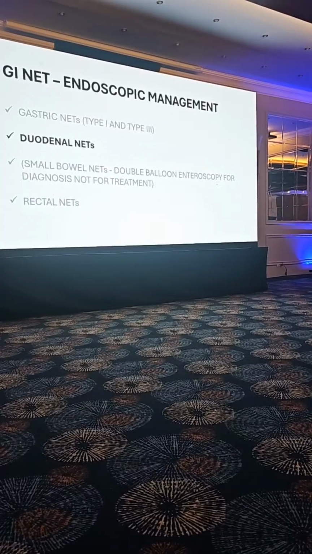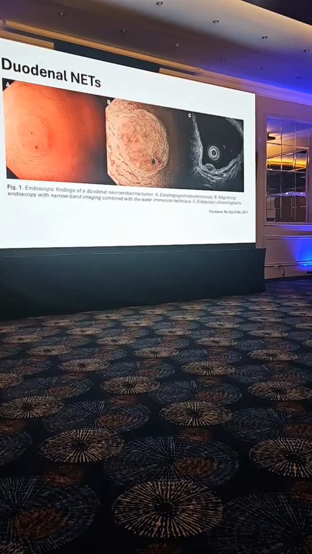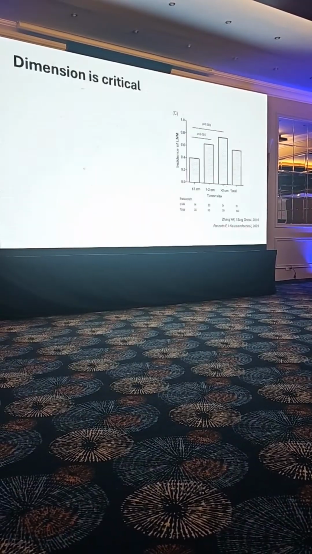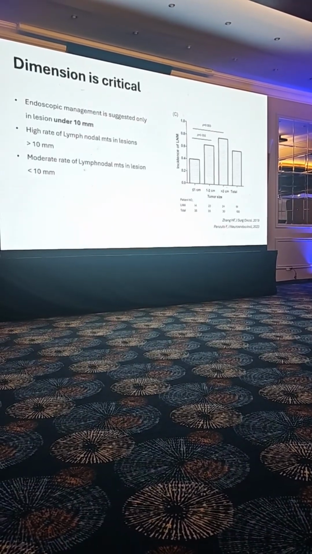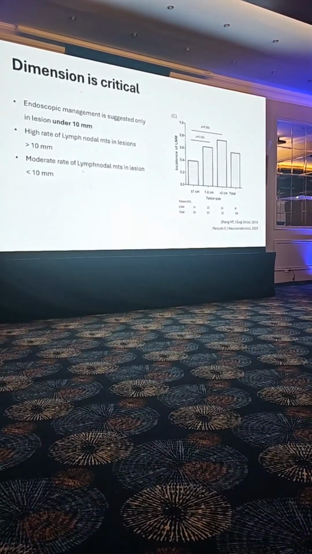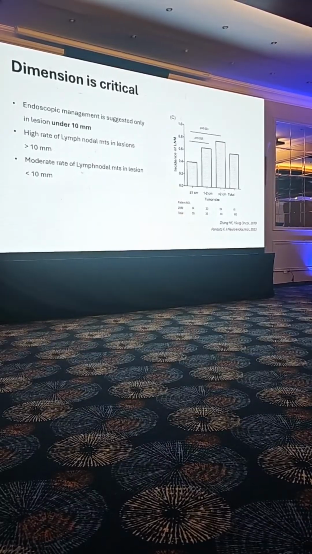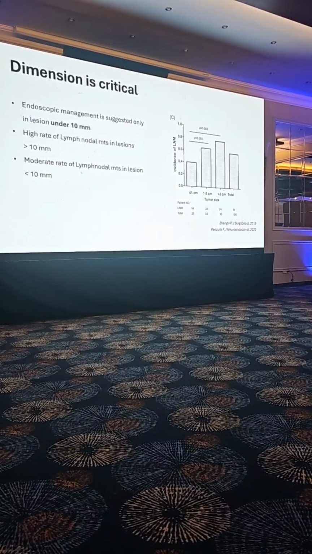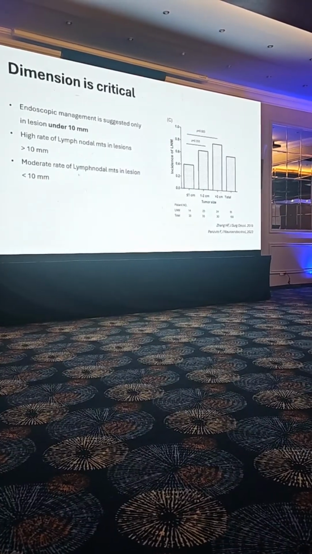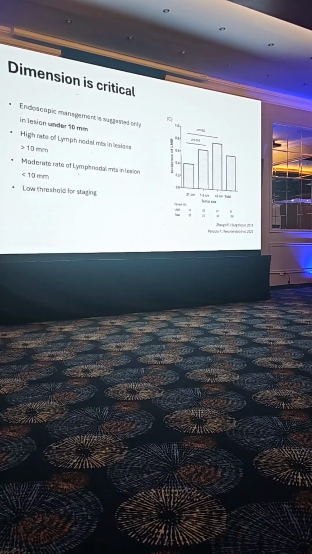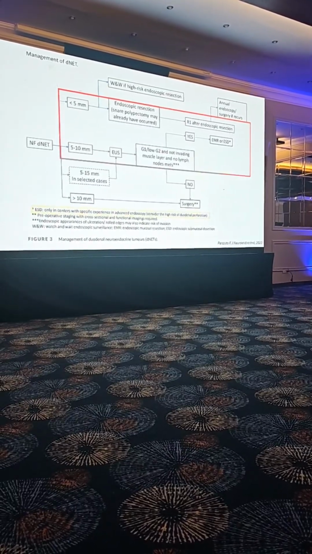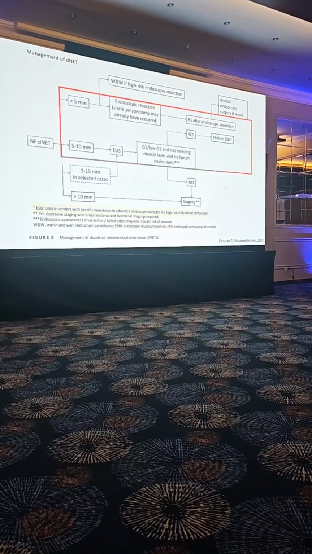Duodenal NET, I'll give you 3 slides and I'll tell you 2 things. One, first of all, you have to go through the classification, grade and dimension as I showed you before. Second, duodenal NETs behave completely differently. Everything that is above 10 millimeter, you don't touch it, because there is a very high risk of already having lymph node metastasis. Everything that is lower than 10 millimeter, then you can think about it; guidelines suggest EMR or ESD.